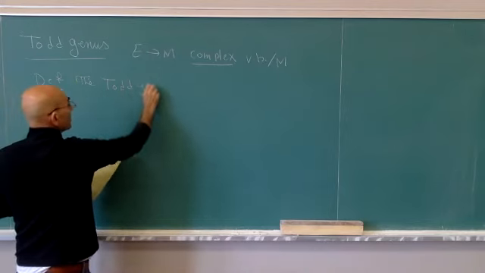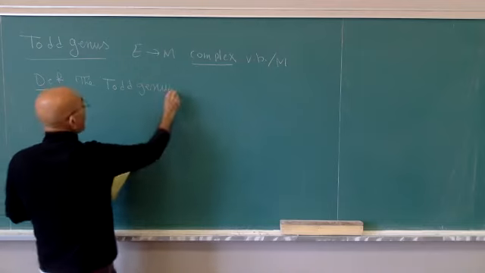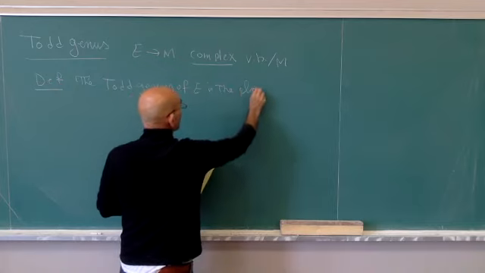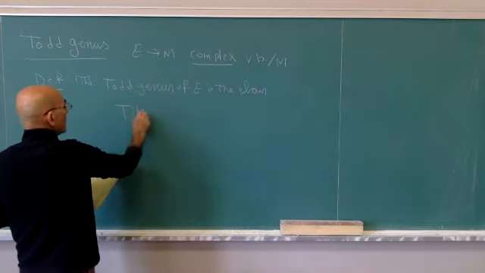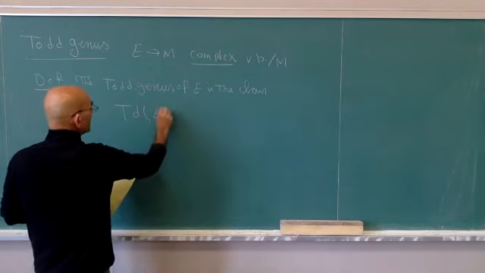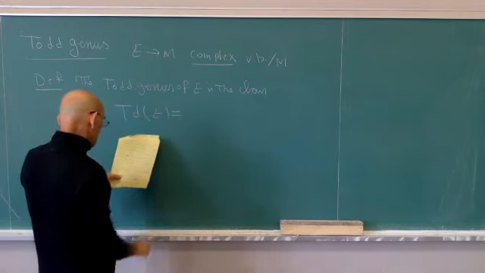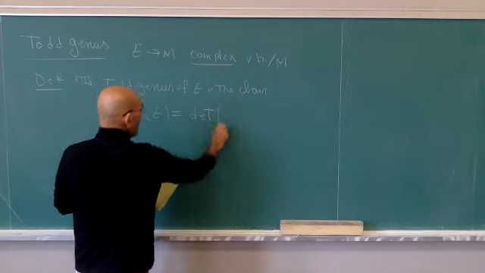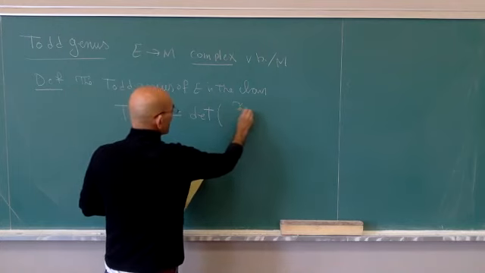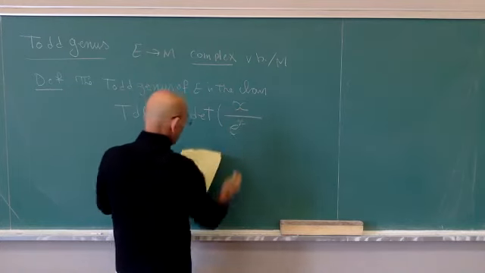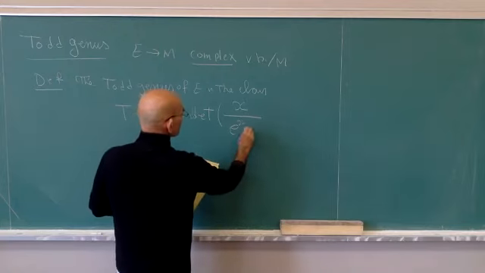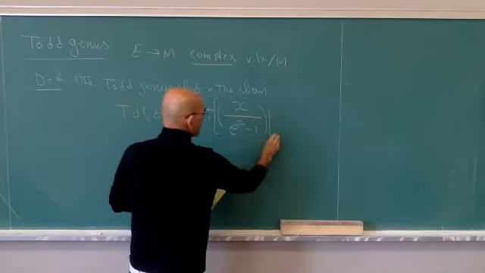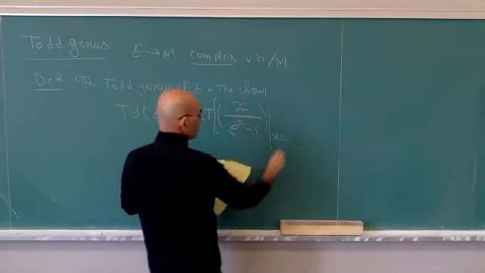The Todd genus of E is the class Todd E, which is equal to the determinant of x over e to the x minus 1, at x equal to minus R over 2 pi i.